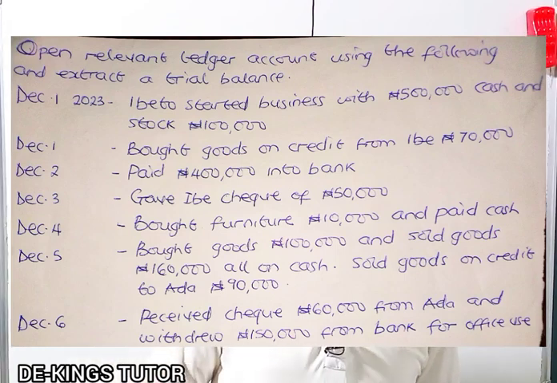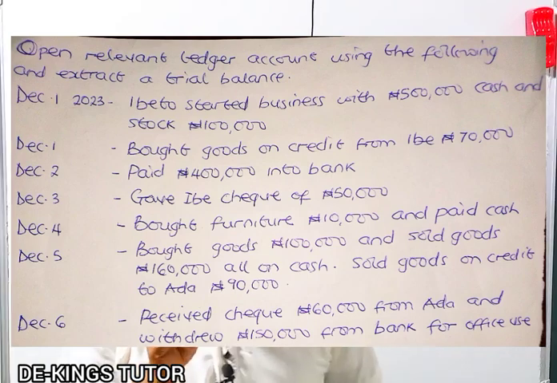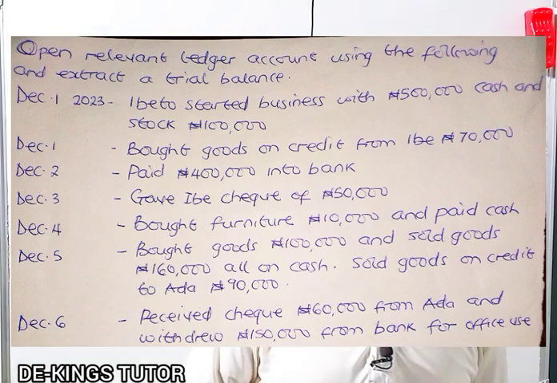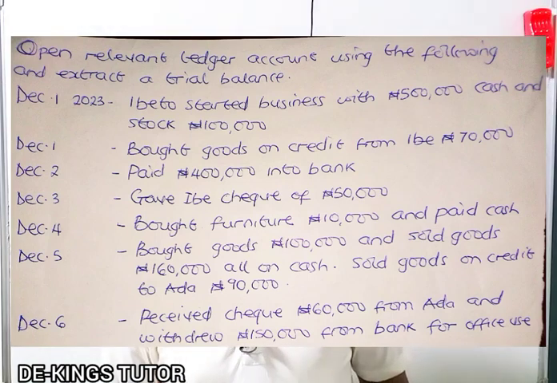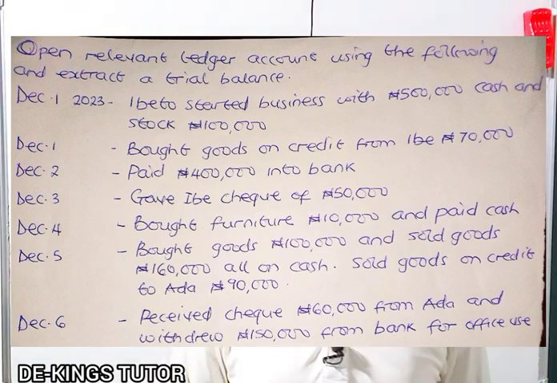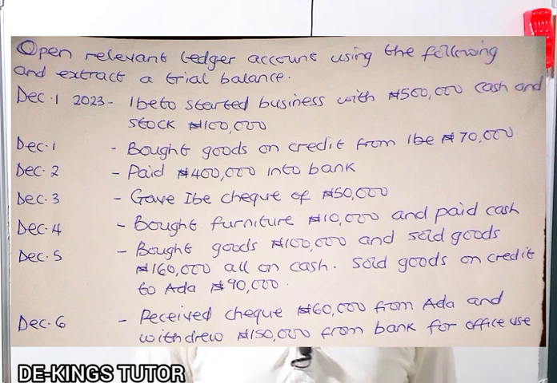Now we have December 1, 2023. Ibeto started business with 500,000 cash and stock 100,000. December 1st, bought goods on credit from eBay, 70,000 naira. December 2, paid 400,000 into the bank. December 3, gave eBay check of 50,000.